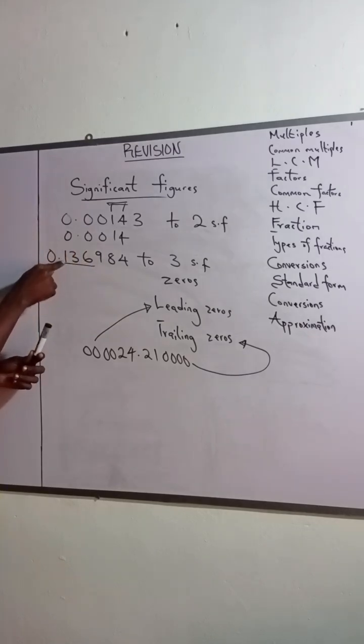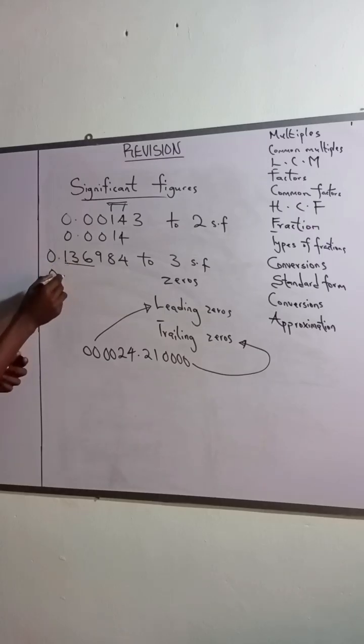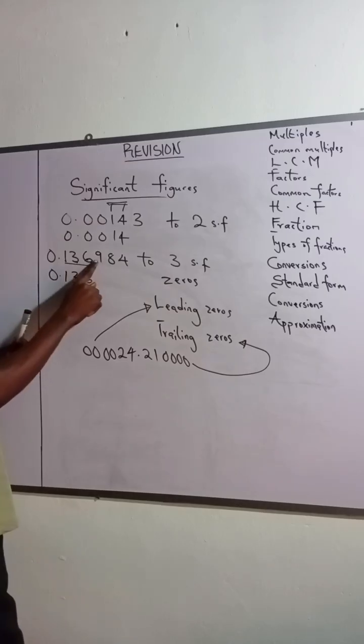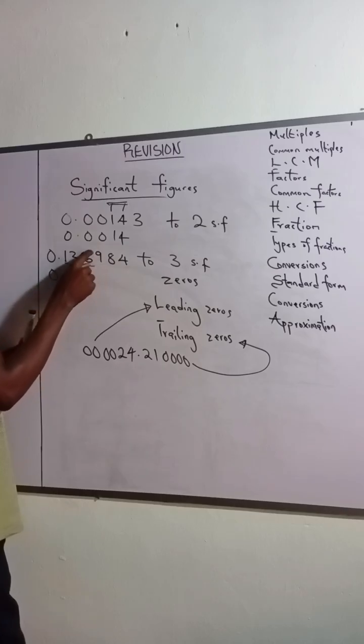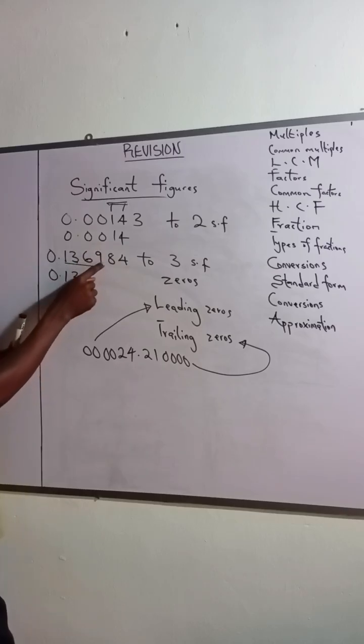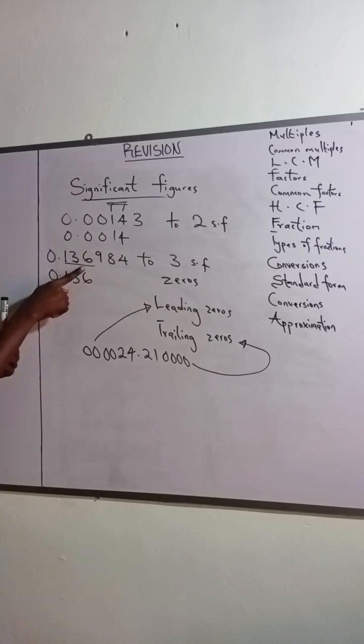Count real numbers from 1. Therefore, we are going to have 0.123, which is 136. But before we change all these ones to 0, never forget, you are going to check if this is up to 5. And of course, here it is up to 5. We are going to add 1 to this one to make it 7.